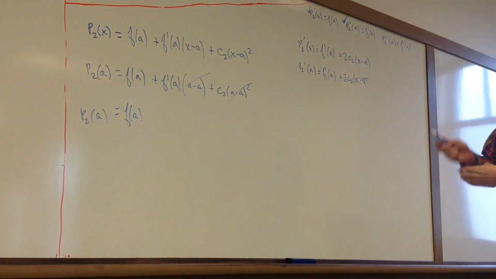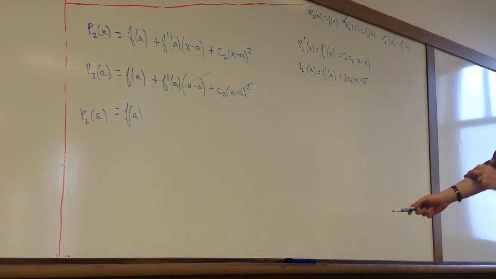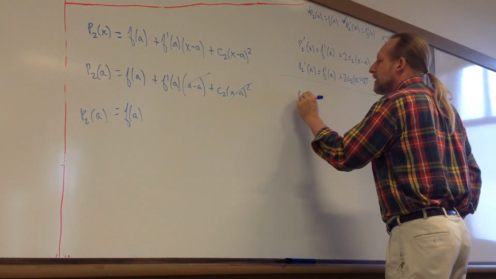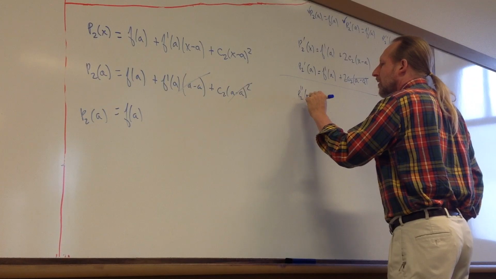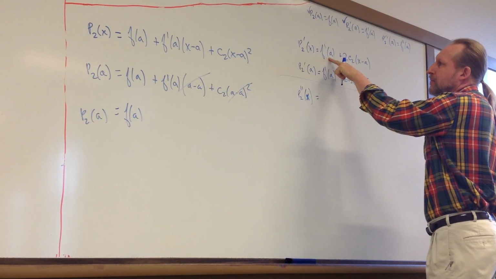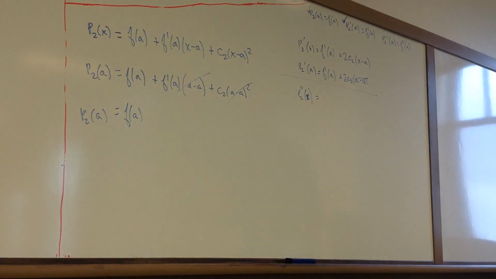All right, now we want the second derivative to also match up. So, p2 double prime of x, this is a constant, right? f prime of a is a numerical value. When we take its derivative, it'll be 0.